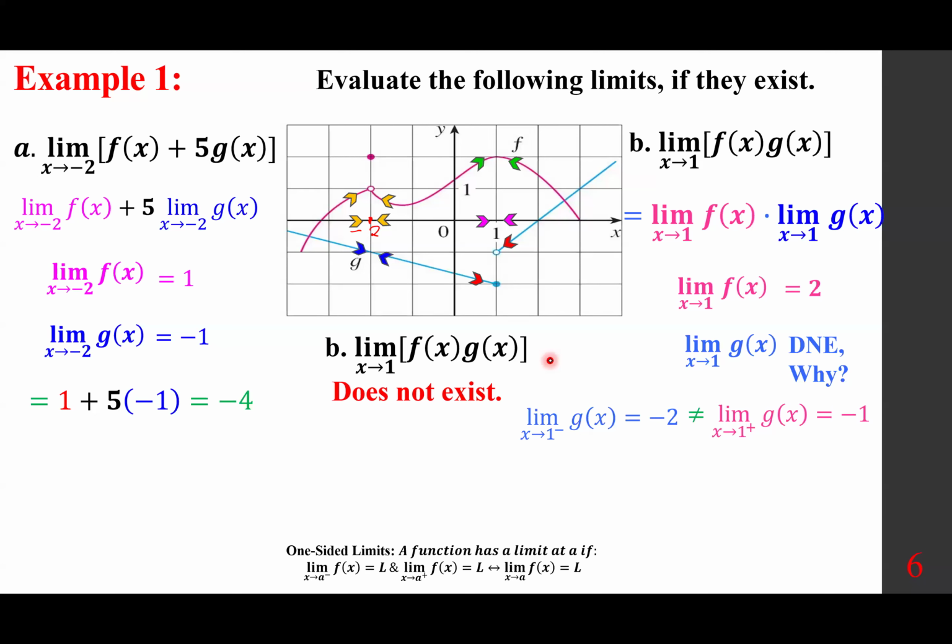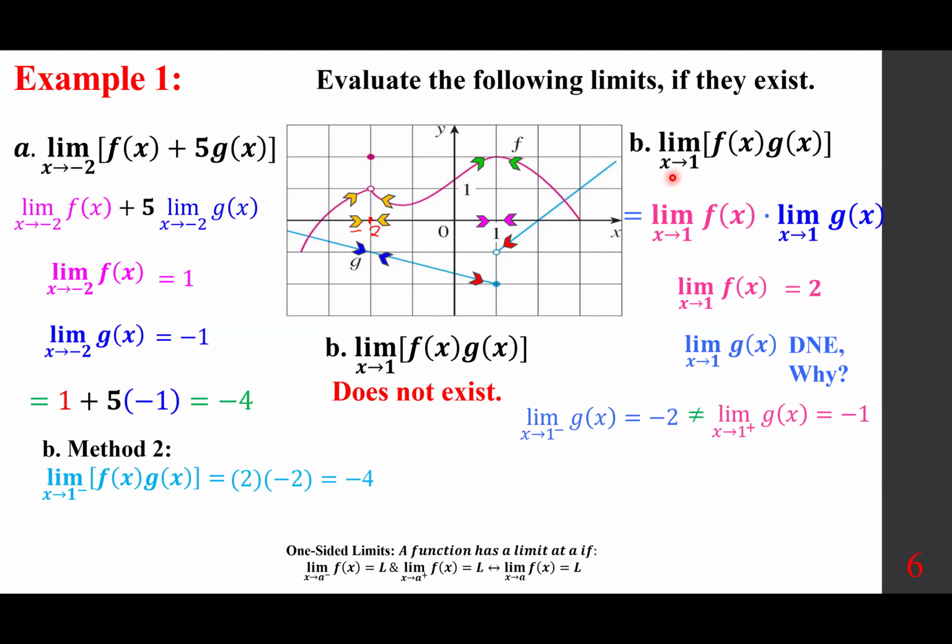There's a second method, and that is to go back to this and try to find it in this fashion, from the left and right. So this piece from the left and right, it doesn't matter, it's 2. This one from the left is -2, and it becomes 2 times -2, which is -4.